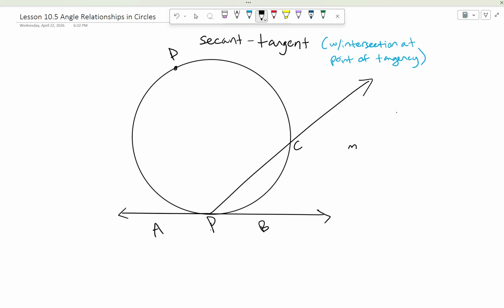To find the measure of angle BPC. Okay. So this angle right here is going to be equal to 1/2 of this intercepting arc PC.